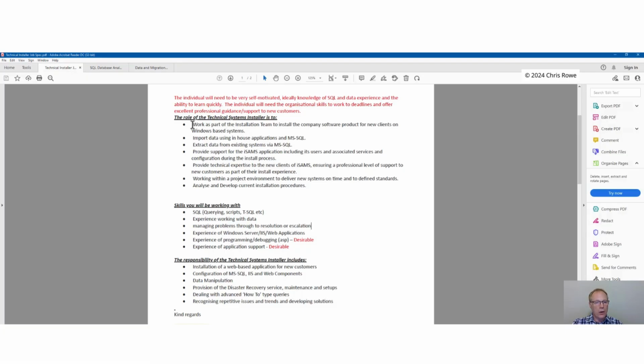They then have an overview of what the role is all about, and there were quite a few things to consider there. Develop current installation procedures, work in a project environment to deliver systems on time, define standards. Obviously I didn't have any experience with that.